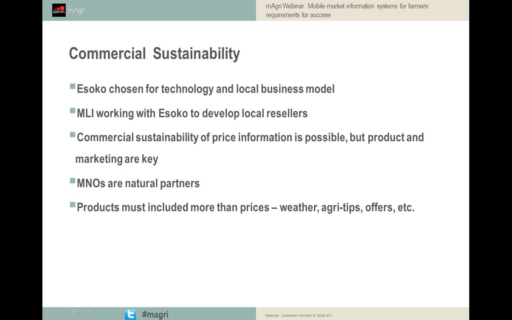But again, I agree with GSMA that more than prices are probably necessary. If you're going to get subscribers to pay on a regular basis for information, it needs to be more than simply prices: weather, agricultural tips, bids and offers, these sorts of things.